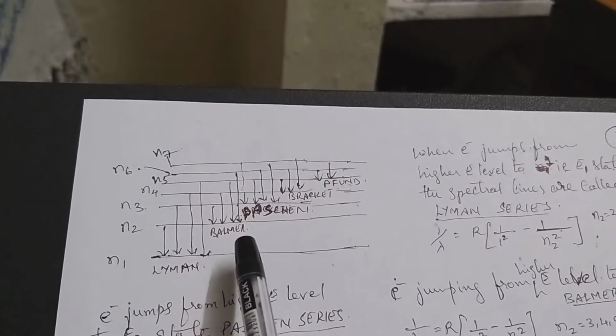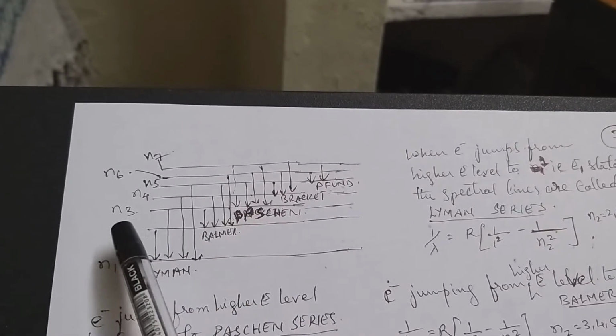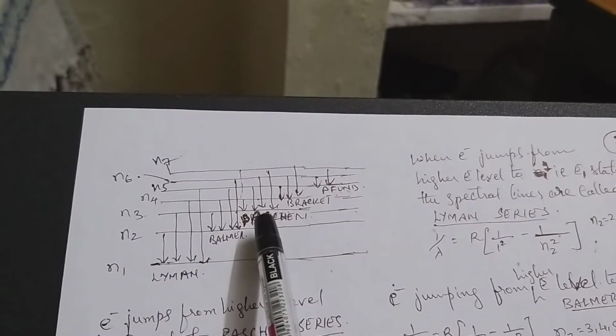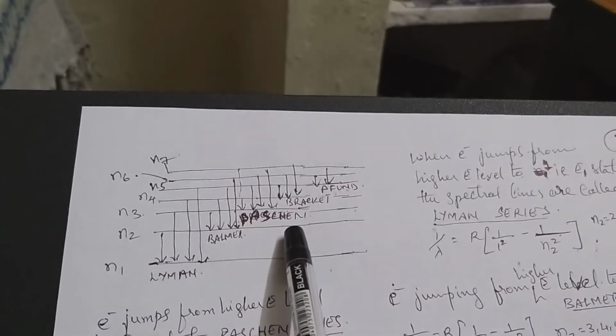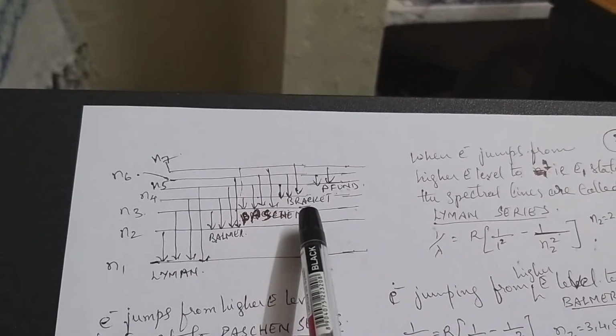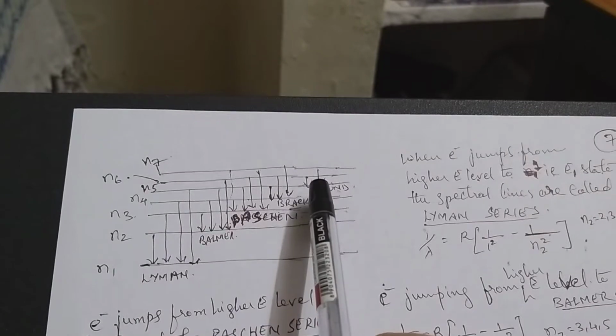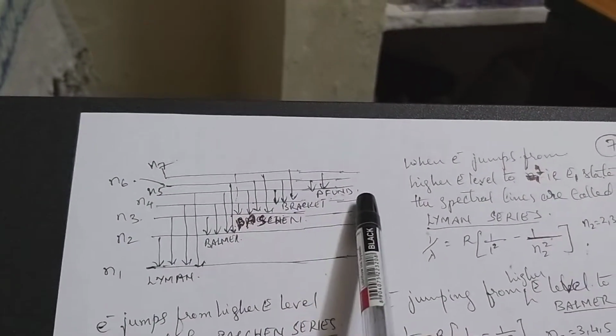This is called Balmer series. The next series is obtained when electrons jump to the n3 state from higher energy states. This is the Paschen series, and to the n4 state from higher energy levels, Brackett series, and to the n5 level from higher energy levels is called Pfund series.